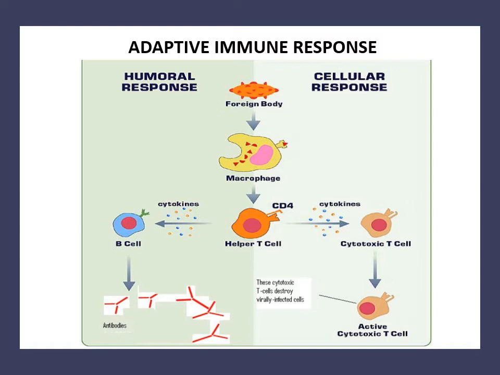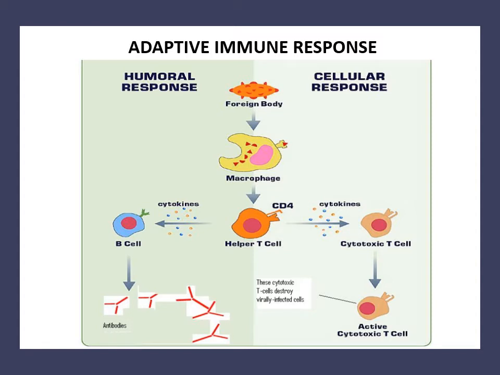And how did this adaptive immune system get presented with the foreign invader? Well, with a type of dendritic cell, and a macrophage can do the presenting.